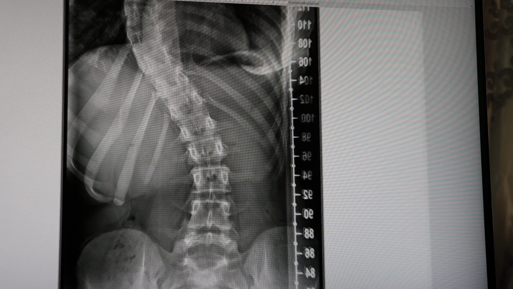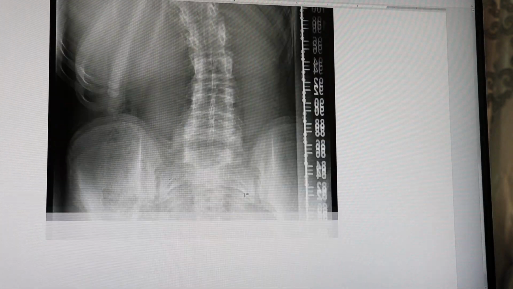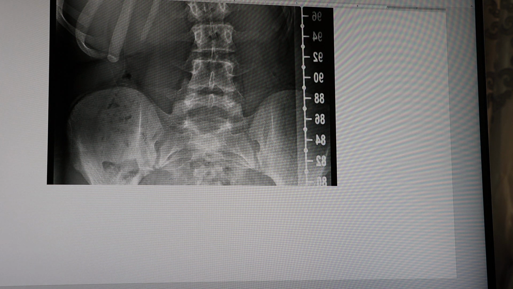So again, let's have a closer look here. If I want to draw a line at the sacroiliac joint, I could say this line represents the sacroiliac line, and depending on the parameters that I have here, it is horizontal.